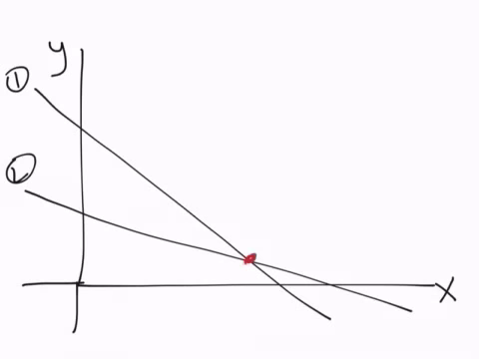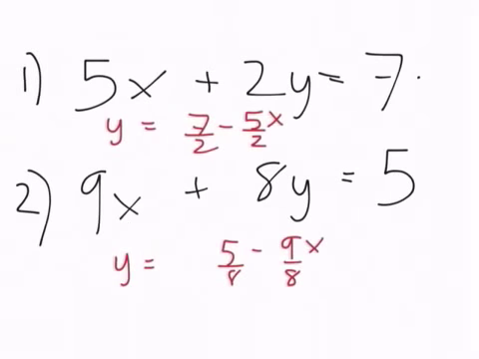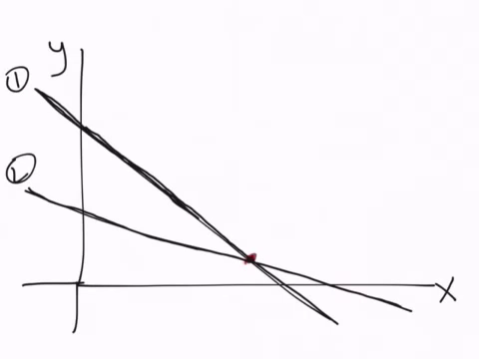The reason why this works is because if this line represents equation 1, every point on this line satisfies equation 1. That's how we draw the line. And every point on equation 2 satisfies equation 2. So the point where they both meet is a single point that satisfies both equation 1 and equation 2. That's the definition of the solution to a simultaneous equation. So that is one way of solving it.